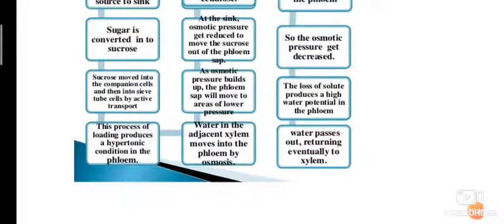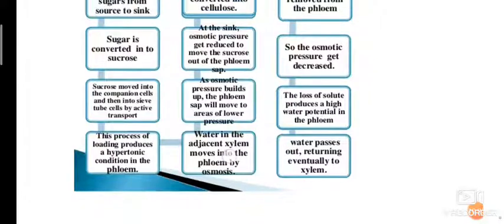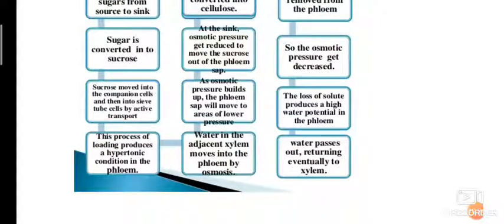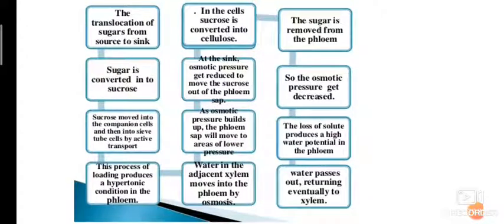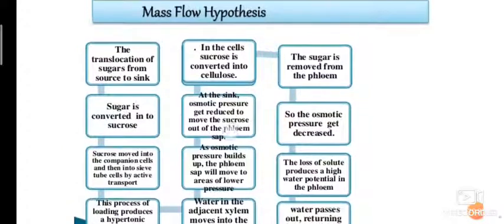This process of loading produces a hypertonic condition in the phloem. Water adjacent to the xylem moves into the phloem by osmosis. As osmotic pressure builds up, the phloem sap will move to the areas of low pressure.